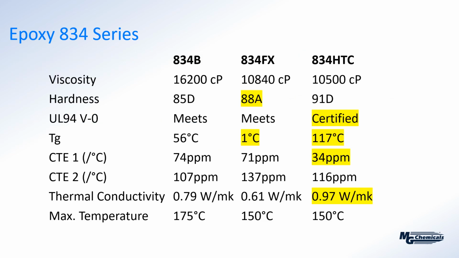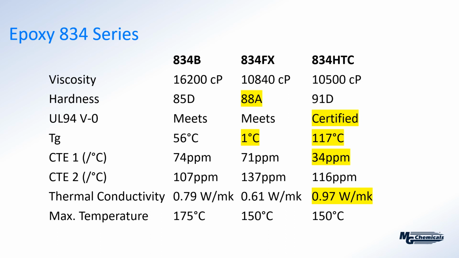So within that we have the 834B, which is a generic two-part epoxy. Again, good thermal conductivity, and this one meets the UL 94 V0 standard. We've tested it internally to meet it, but it is not certified by UL. The same goes for the 834FX. This one is a softer, flexible material though.